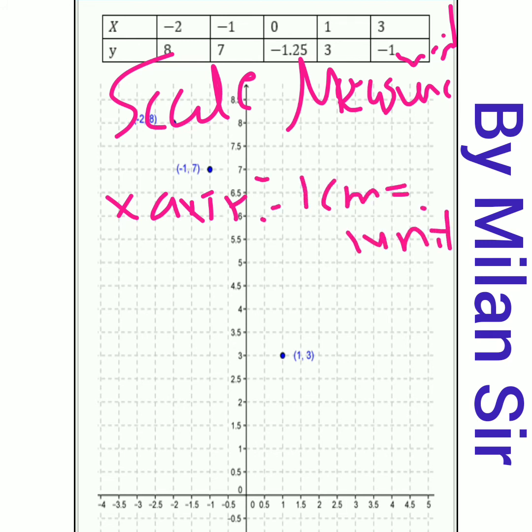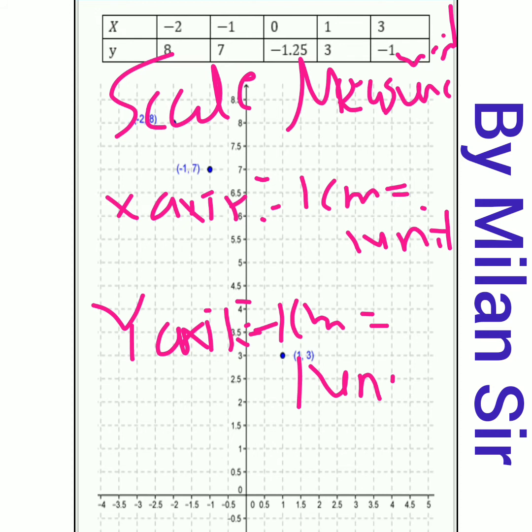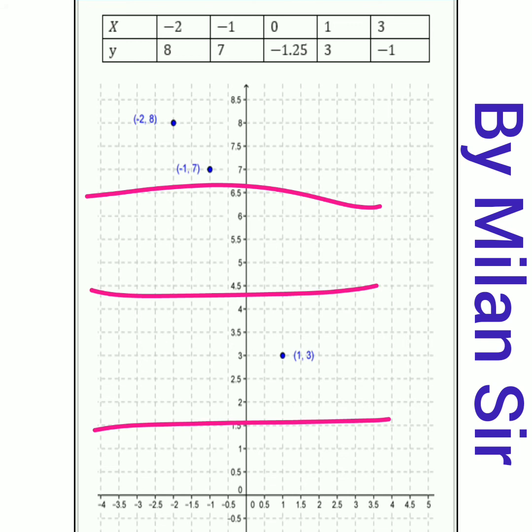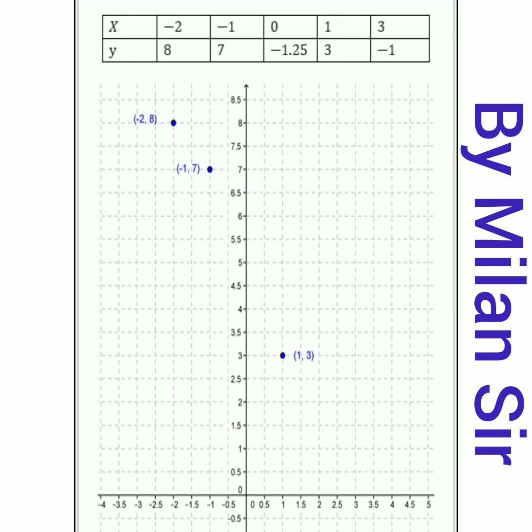Here there is no unit, so we need to write 1 centimeter is equal to 1 unit. And the same thing on the y-axis, 1 centimeter is equal to 1 unit. Because our dark line represents a 1 centimeter distance, and on that we are taking just 1 unit here. That's why we need to write this scale measurement: on the x-axis 1 centimeter is equal to 1 unit, and on the y-axis 1 centimeter is equal to 1 unit.